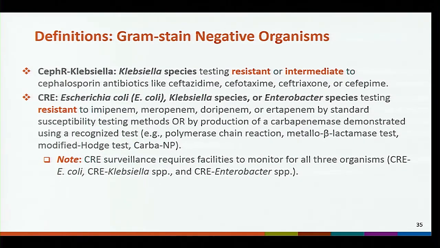As a note, if your facility chooses to participate in CRE surveillance, then your facility must include all 3 of these organisms in your surveillance. So you cannot just conduct CRE E. coli surveillance for NHSN. You must do CRE E. coli, Klebsiella, and Enterobacter species when participating in that particular option.